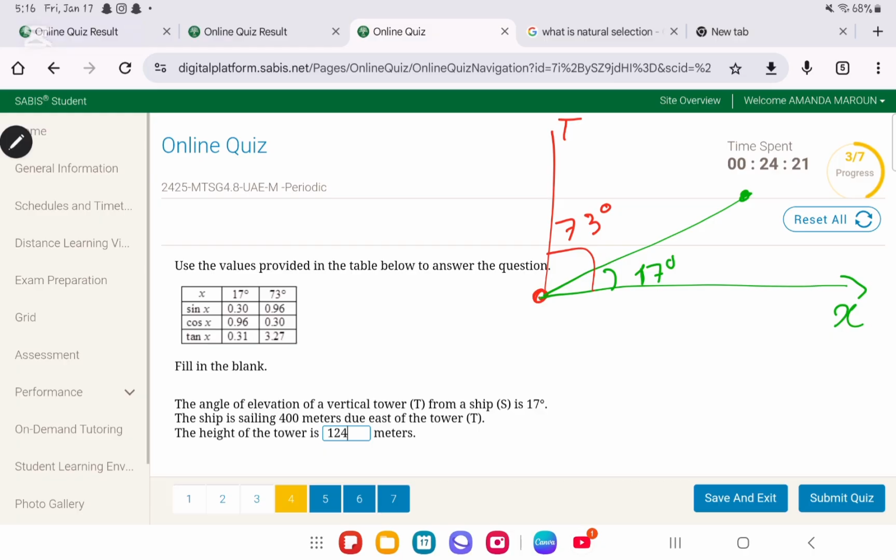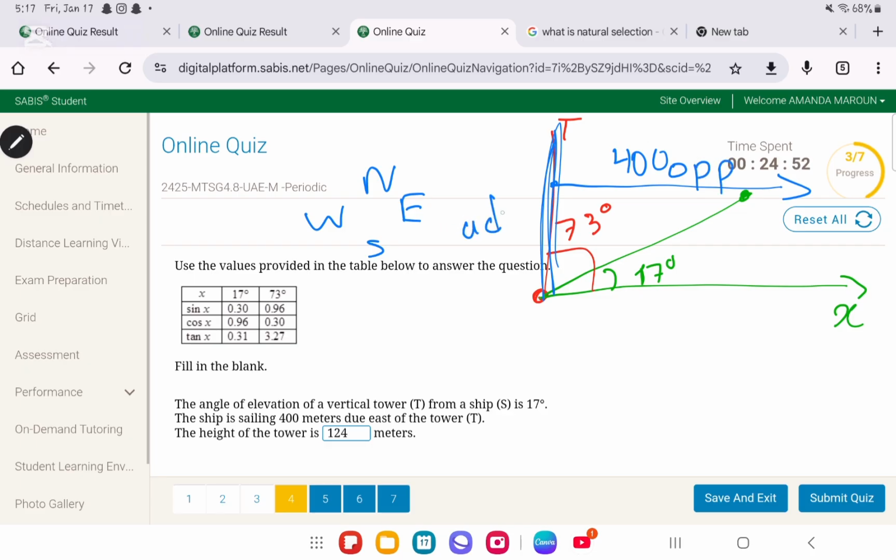So now you have that the ship is going east, and we know that east is in this direction because never eat shredded wheat. East is going in this direction of 400 meters. Okay, and you need to find the height of the tower. So very simply, you are given the opposite in this case, and you need to find the adjacent.